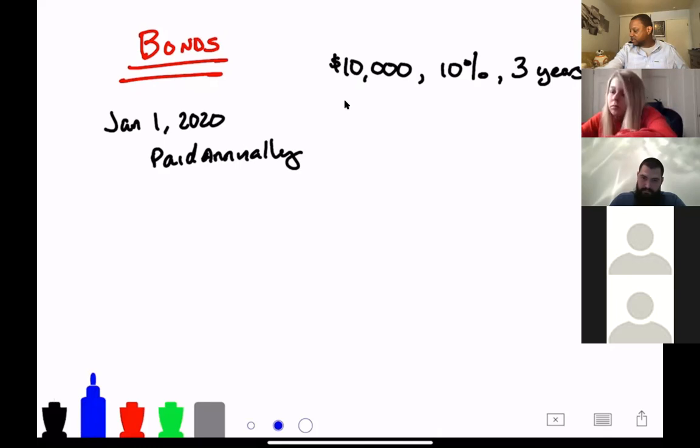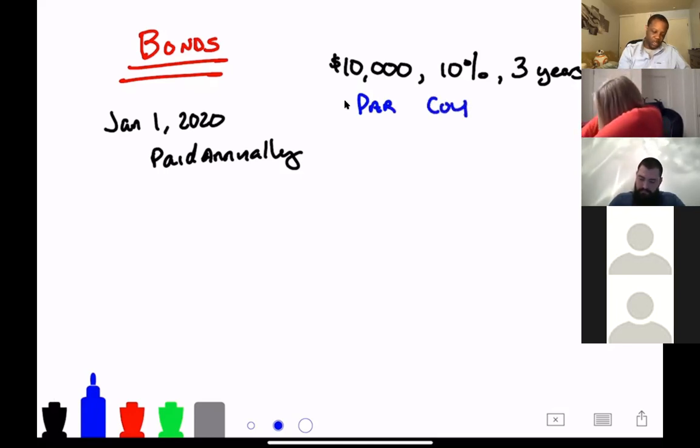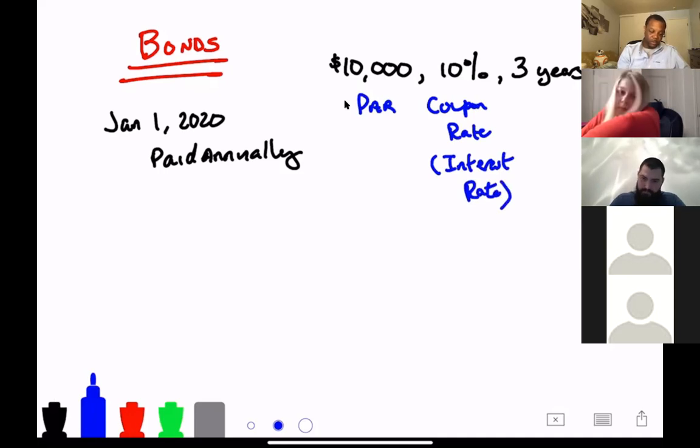So this 10,000 is what we call the par value. This 10% would be our coupon rate. This is also known as the interest rate. And remember, whenever we see percentages, we're always talking about an annual percentage.